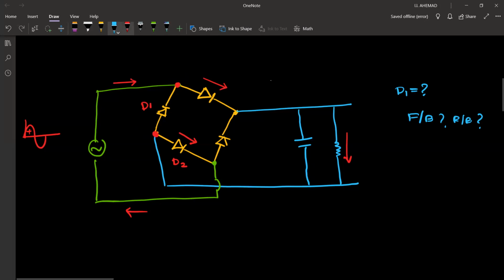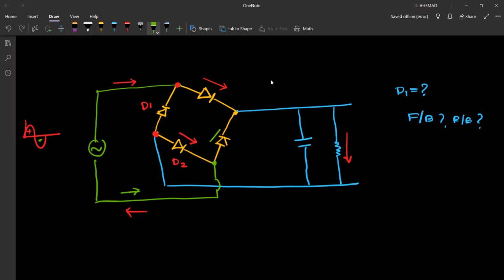Next, let's find out about the next half. For the negative half, the current will flow in the opposite direction. So it is flowing in this direction. Now, diode D2 is anyhow reverse biased.